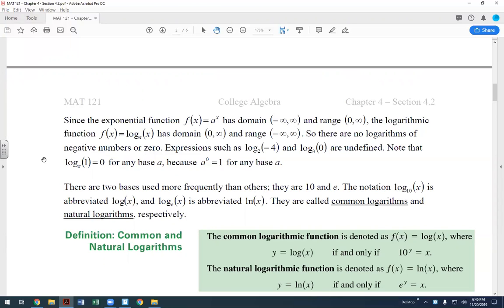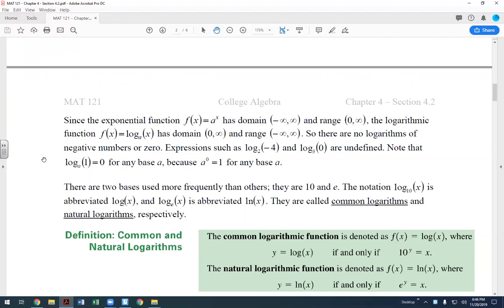So since exponential functions and logarithmic functions are inverses of each other, that means your domain and range will also invert, right? When we're looking at the logarithmic function, the range of 0 to infinity, not including 0, will actually now become the domain of our log function. And the domain of negative to positive infinity will now become the range for our log function. So those domain and range will switch places for the log function.